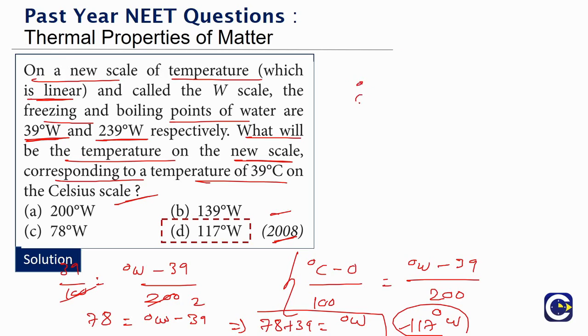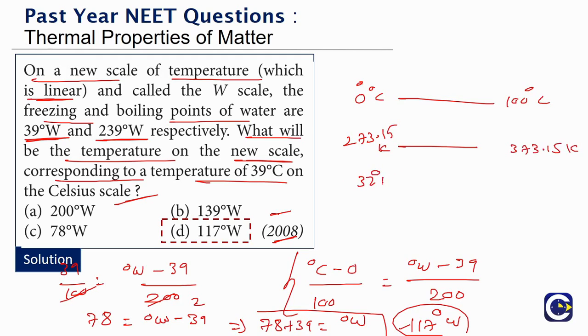I'm just trying to recall what we do in the case of the normal temperature conversion. The Kelvin scale means 273.15 to 373.15. Then the Fahrenheit scale means 32 degree Fahrenheit to 212 degree Fahrenheit.